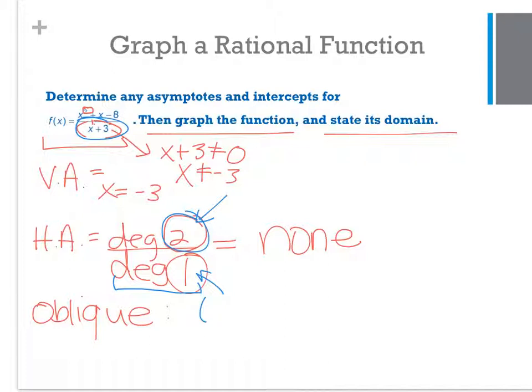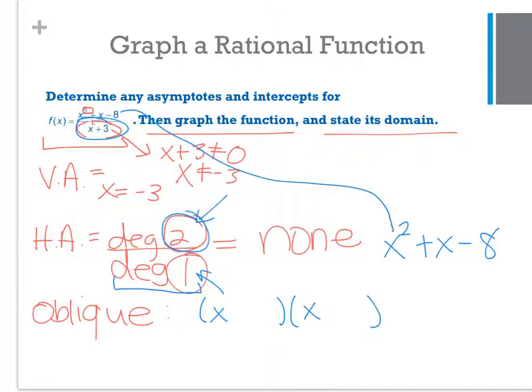Well, if I factor the top, I get x and x. And since my quadratic is x squared plus x minus 8 on top, I'm looking for numbers that multiply to be -8 that add to be +1. Now the only numbers that multiply to be -8 are -8 and 1, +8 and -1, 4 and -2, and -4 and +2.